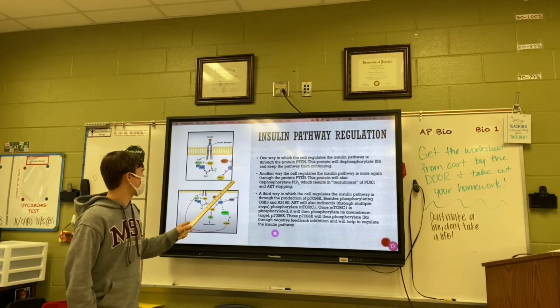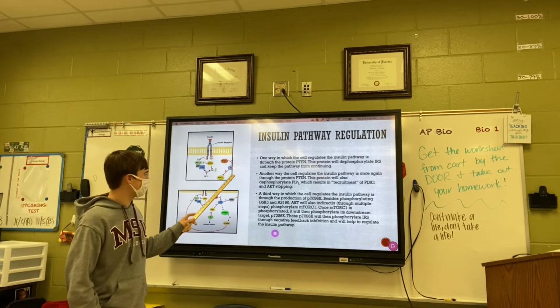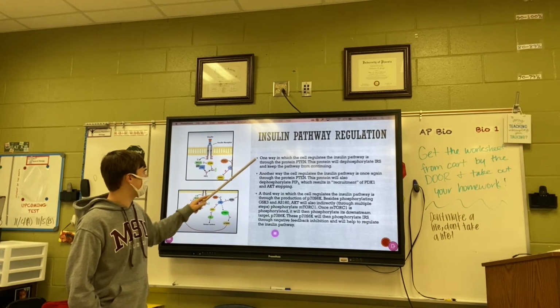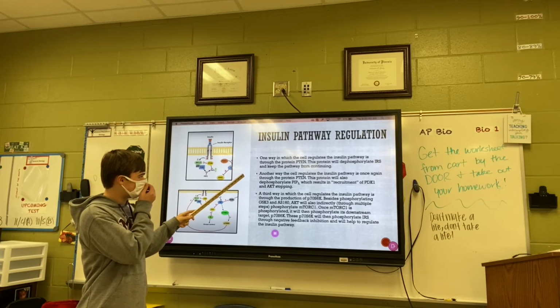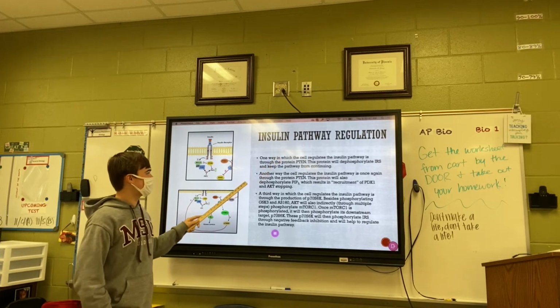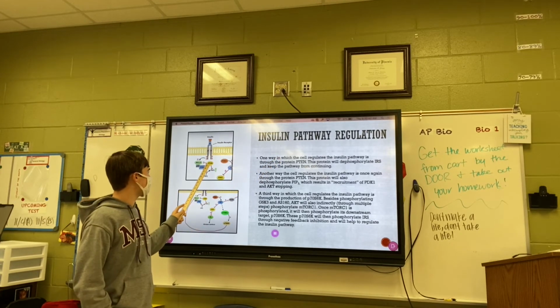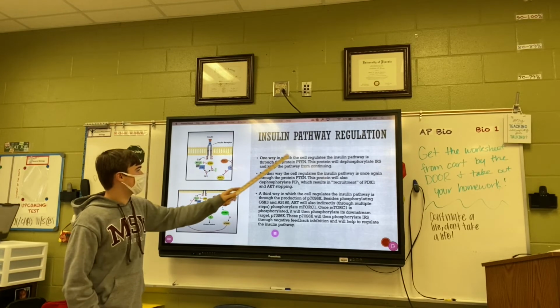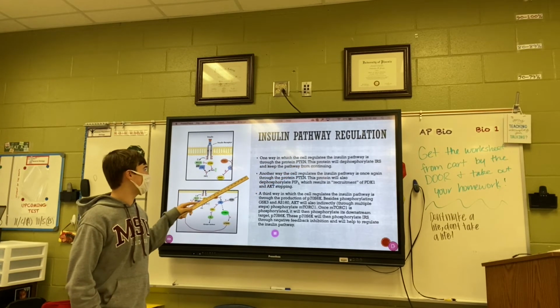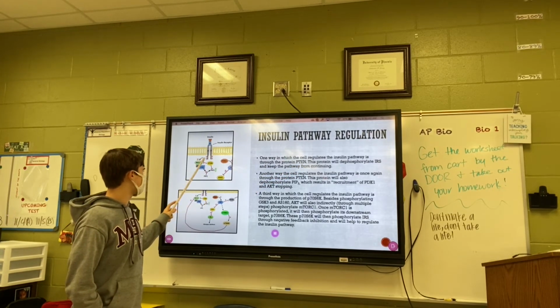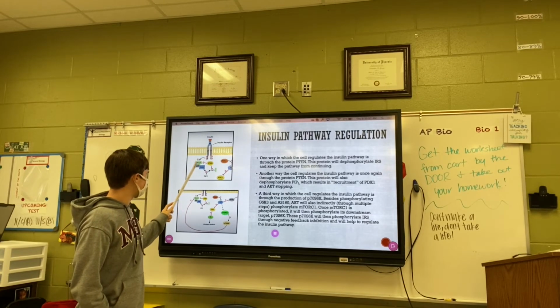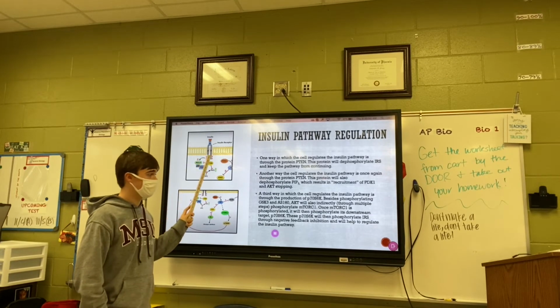So this is where that PTEN that John Murray talked about is going to come into play. So this is the insulin pathway regulation. So one way in which the cell regulates the insulin pathway is through the protein PTEN, and this protein will actually dephosphorylate IRS, keeping the pathway from continuing. So it's used to regulate the concentration of activated IRS.